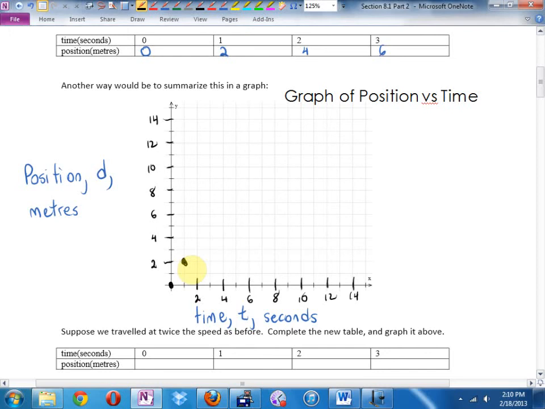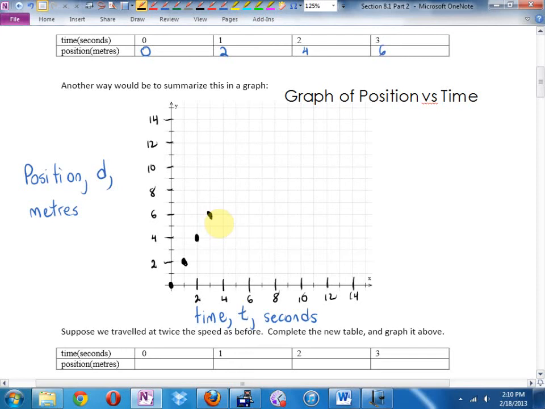After 2 seconds, where were we? After 3 seconds, where were we? See a pattern? What's the pattern, Jake? 2 up, 1 over.